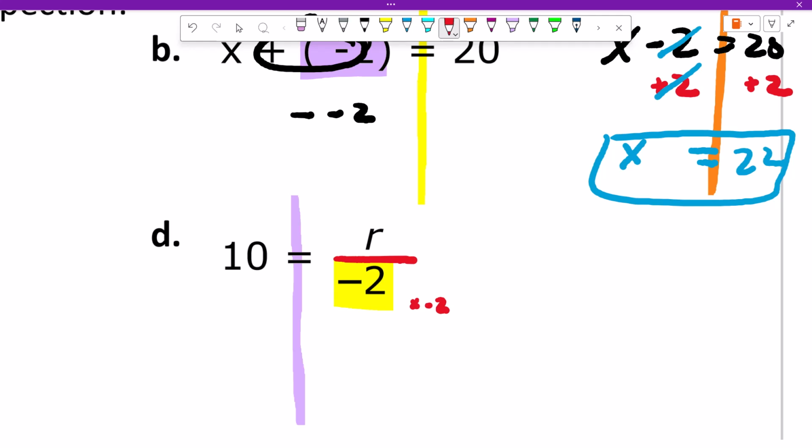That's not where we put it. We're going to put it on the top. Times -2. When you're multiplying, it always gets multiplied to the top, to the numerator. And we're going to do the same thing here. If we go times -2 over there, we're going to do times -2 over here. Okay? So now we do our cleanup. On the left side, -2 times 10, what do we get?